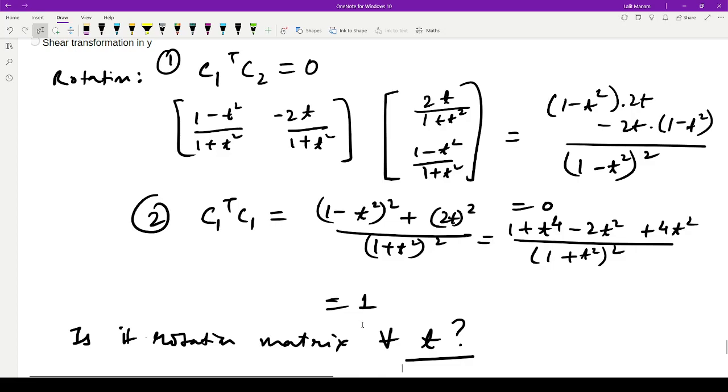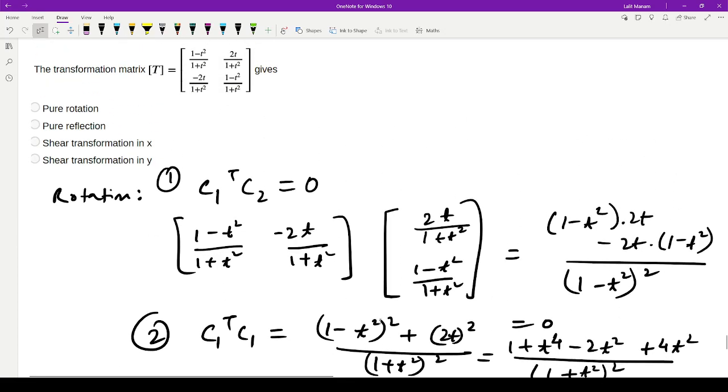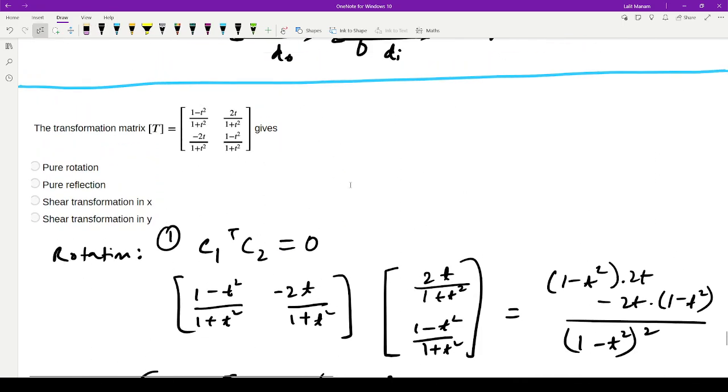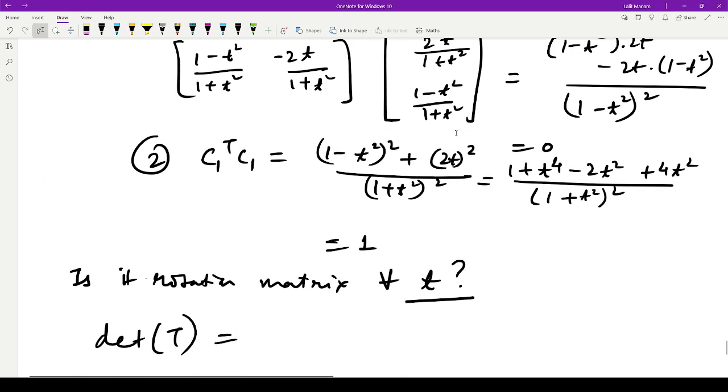No, sir, I'm not getting it. So for the transformations, we have seen that everything should be invertible, right? So the rotation is also an invertible matrix. So whether it is invertible for all values of t is my question. How to check that? When would the determinant of this given transformation go to 0 is what we need to check, right? So we'll multiply these things.